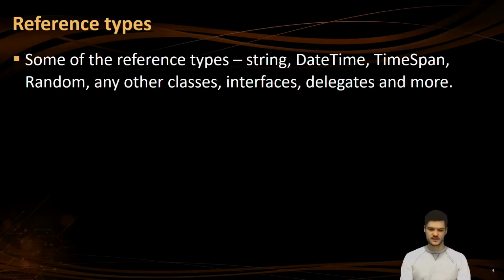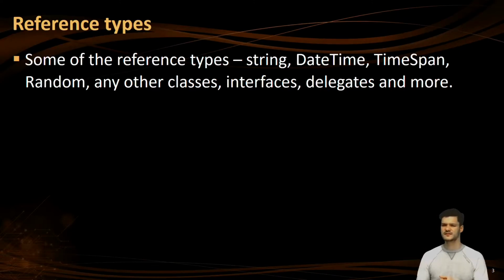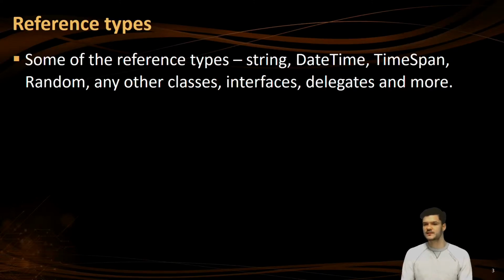So you can see that some of the reference types are string, datetime, time span, random, and any other classes, interfaces, delegates, objects, and more. Why string? Because string maybe acts like a primitive data type, but actually string is an array of characters.